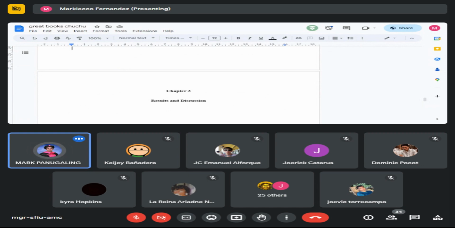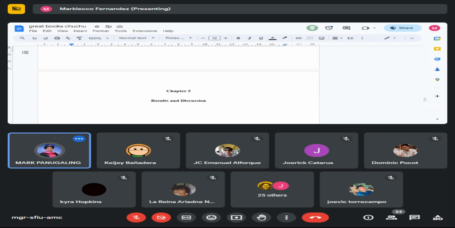And please put the page number at the bottom right, not top, not in the middle. Do you understand that? Yes, Doc. Following the format of MLA. So it must be lower part, and then on the right.